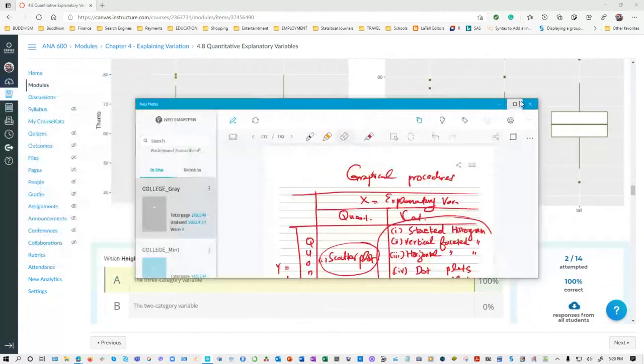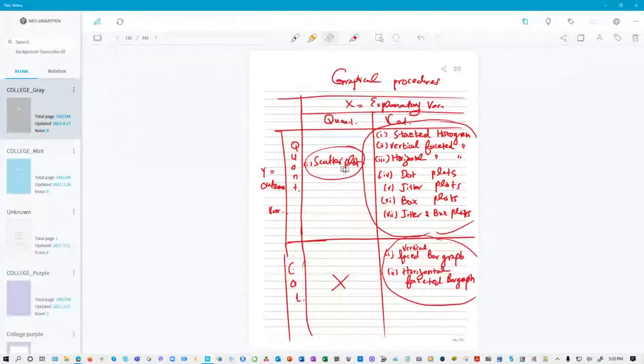Now, when it comes to this one, I'm here. This has a scatter plot. They say that you can do something like this. This is what I'm talking about: convert this into the scatter plot.